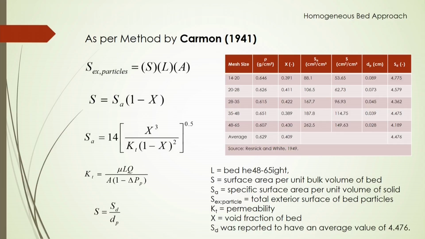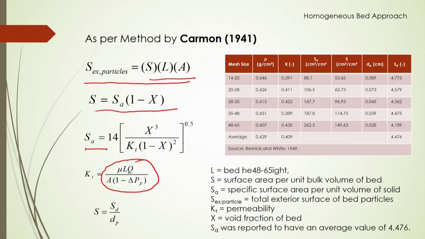They suggested that the exterior particle surface will be equal to S into L into A, where S is equal to S_A into (1 minus x). What is S_A? S is equal to 14 into x cubed by k_t into (1 minus x) squared, to the power 0.5. Here k_t is a parameter that depends on the pressure drop of the particles inside the bed, and S is equal to S_d by dp.